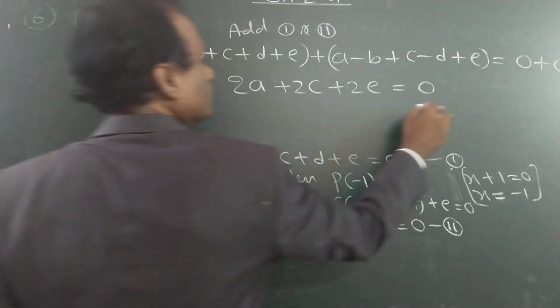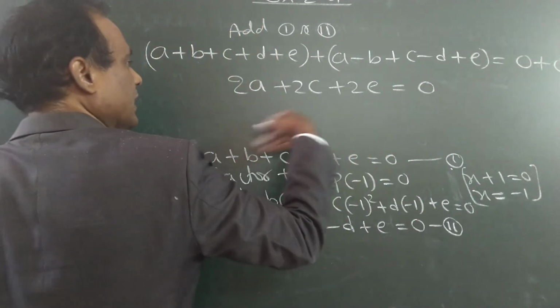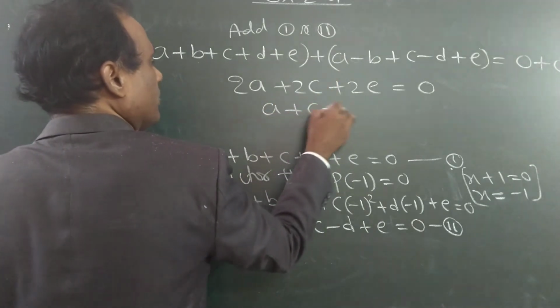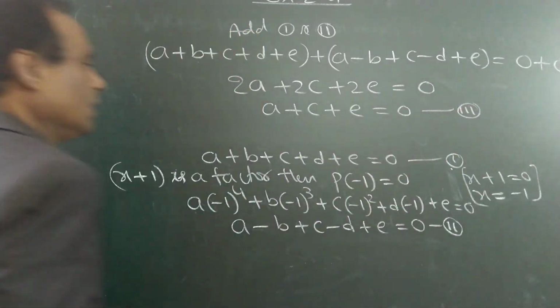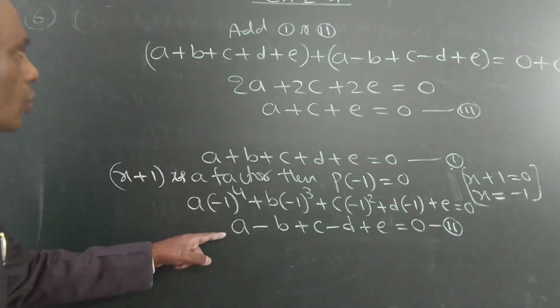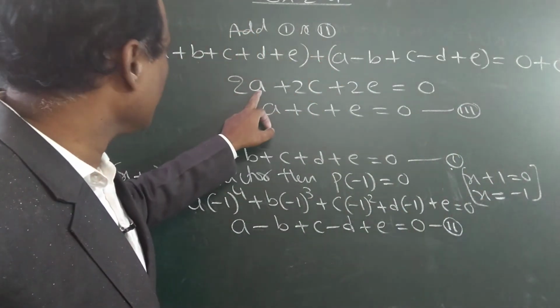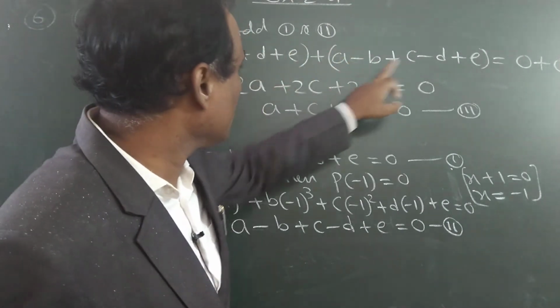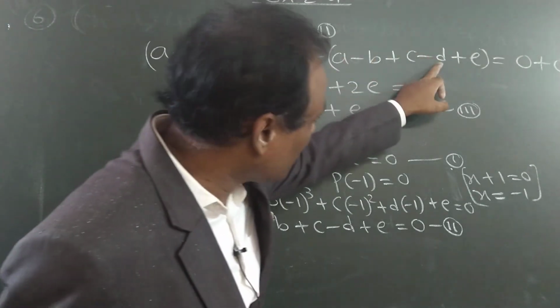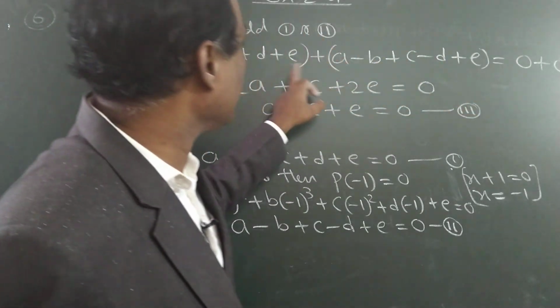Divide by 2, and this is A plus C plus E is equal to 0. Simply I added these two: A plus A is 2A, B minus B cancel, C plus C 2C, D minus D cancel, E plus E 2E.